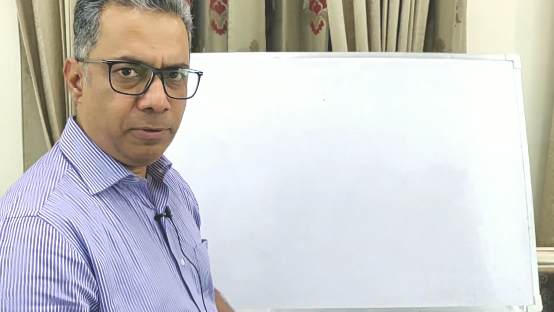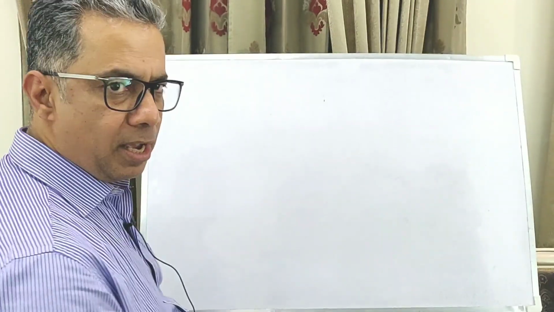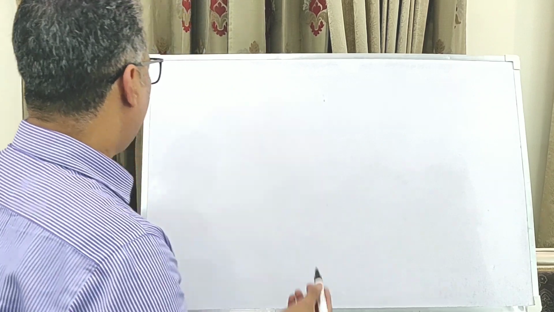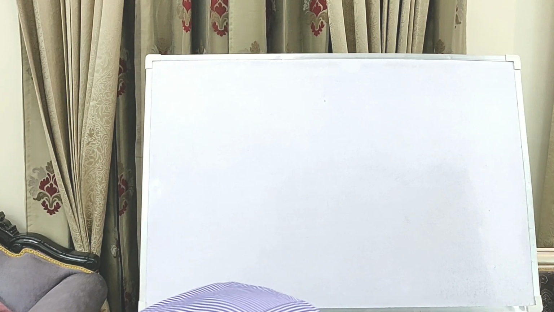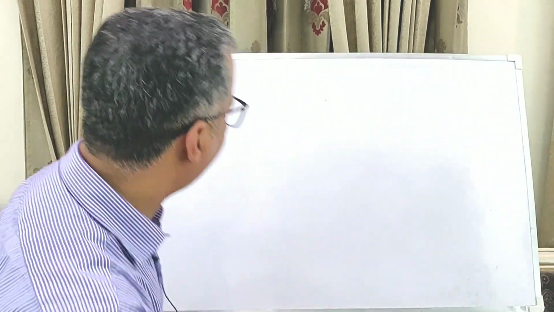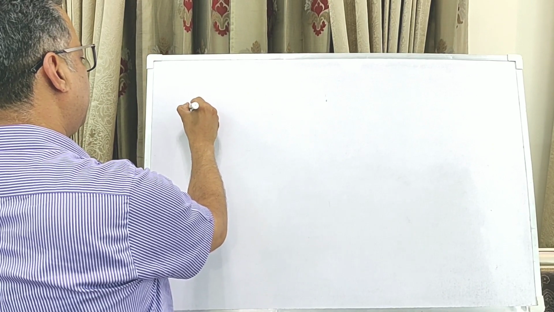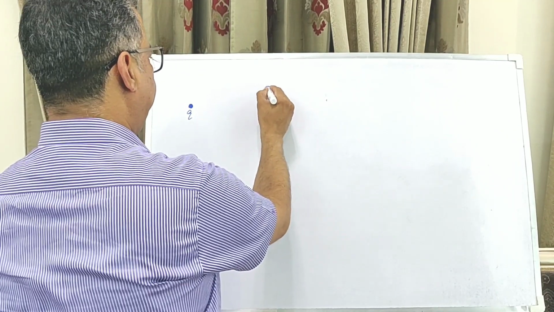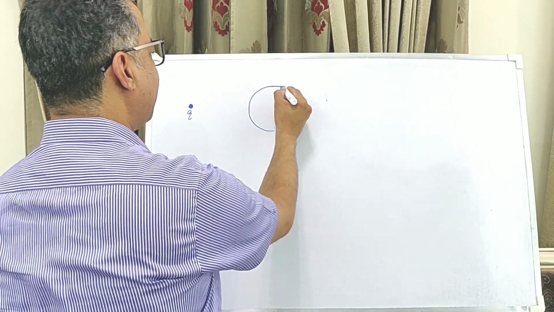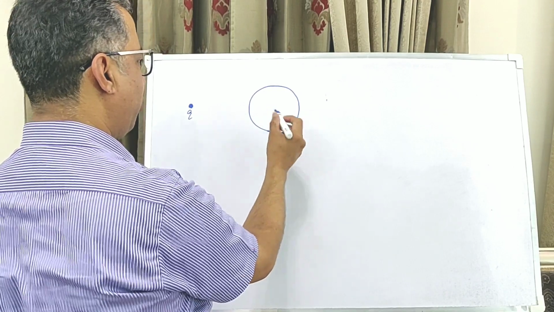To start with, just a few very elementary applications of what we have discussed in the previous video. Let's imagine that we have a charged particle Q here, and we have a metallic uncharged sphere over here.